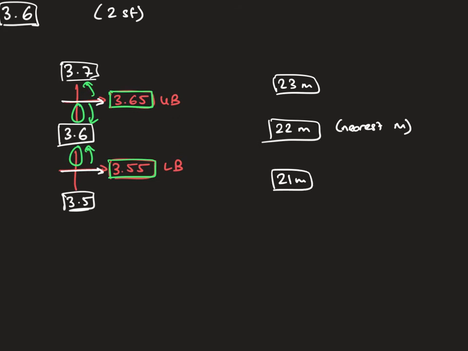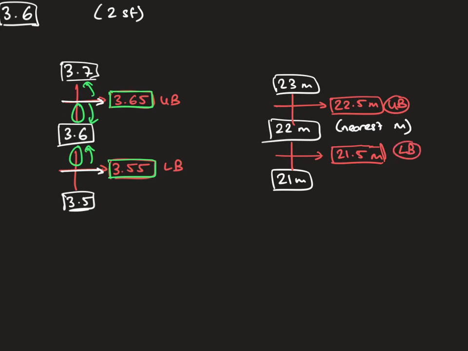So again, I find my midpoints. My midpoint for this would be 22.5 meters. That would be my upper bound. And halfway between 21 and 22 is 21.5 meters. And that is my lower bound. So essentially that's how we can find them.